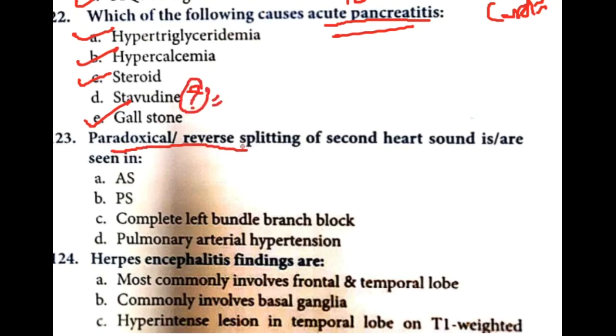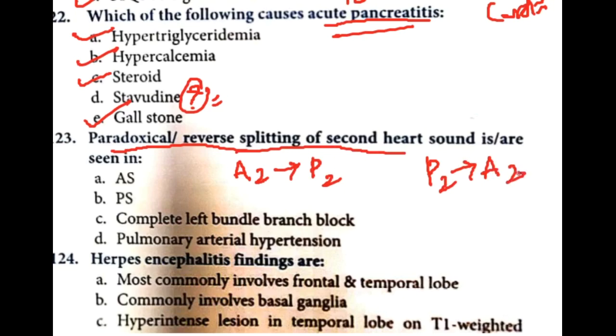Next, paradoxical and reverse splitting of the second heart sound is seen in. Normally the heart sound should be A2 followed by P2. But if it is P2 followed by A2, then we call it reverse splitting of the second heart sound. In aortic stenosis, it takes a lot of time for the blood in the left ventricle to go through the stenosed aortic valve, so reverse splitting is seen.